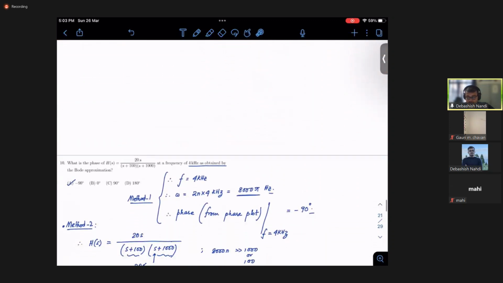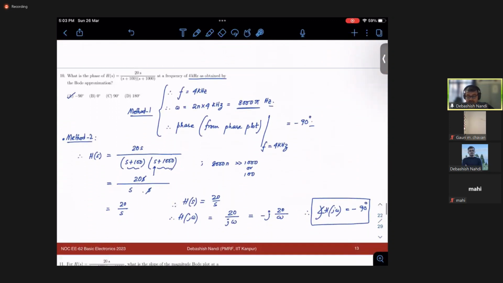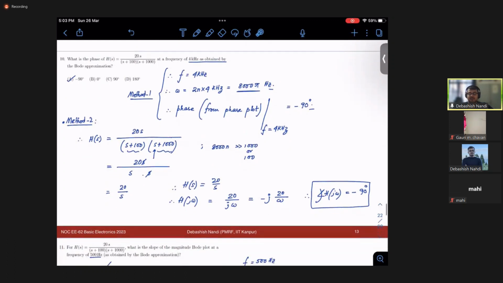Then we did some analysis on the Bode plot, and we found out the phase and magnitude, or the slope of the magnitude plot, for some cases using two methods: one by simply using the plot, and one by rigorous mathematical analysis, right?